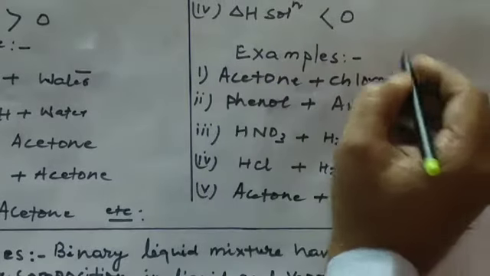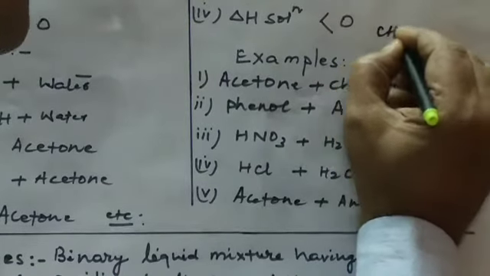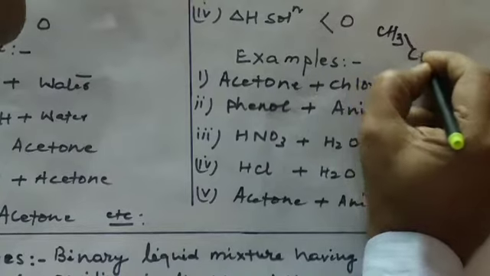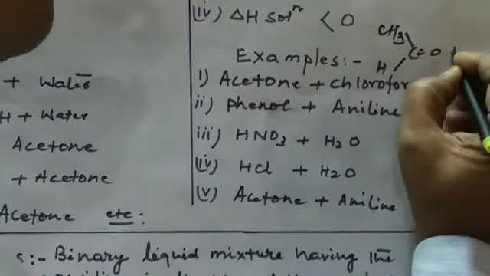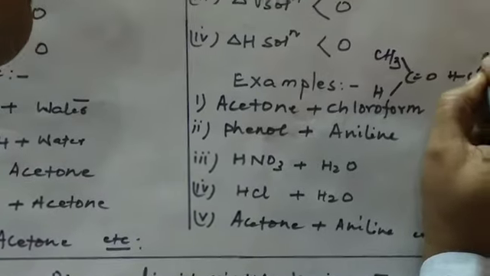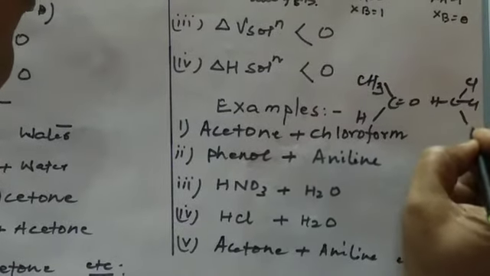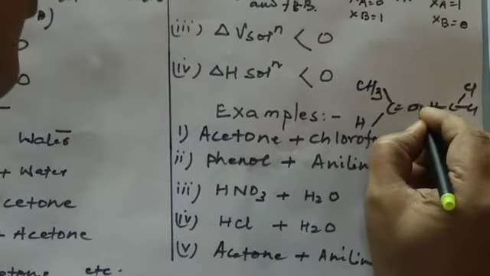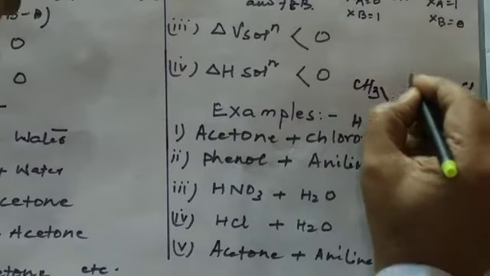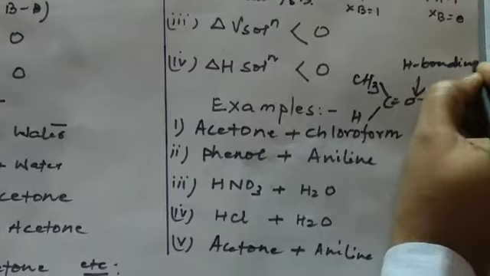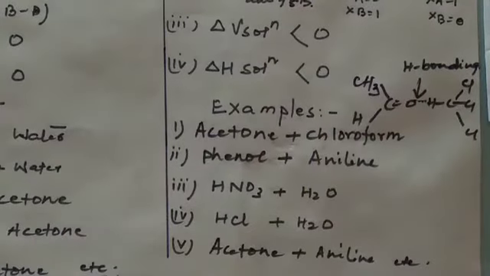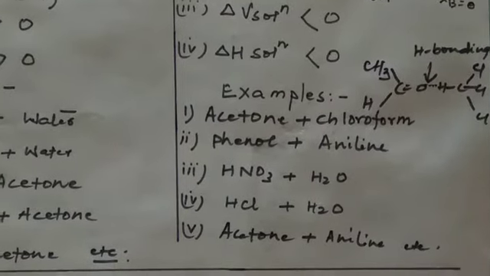Acetone and chloroform. This is the formula of acetone, and this is the formula of chloroform. In between here, there is H bonding. And because of the increased bond strength, it is showing the negative deviation. Am I clear to all of you?